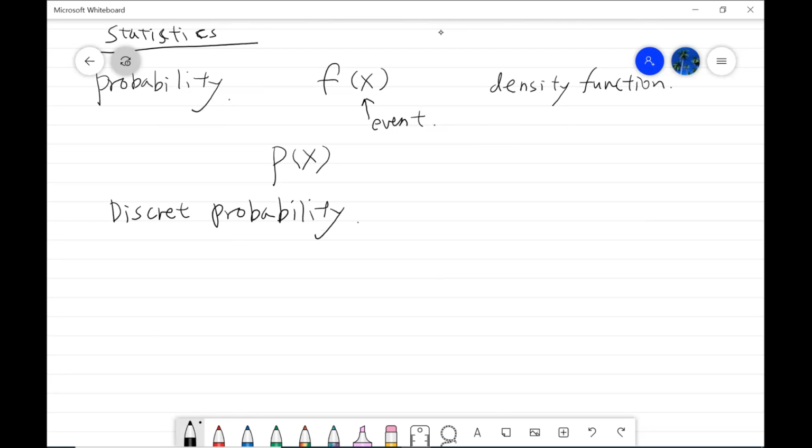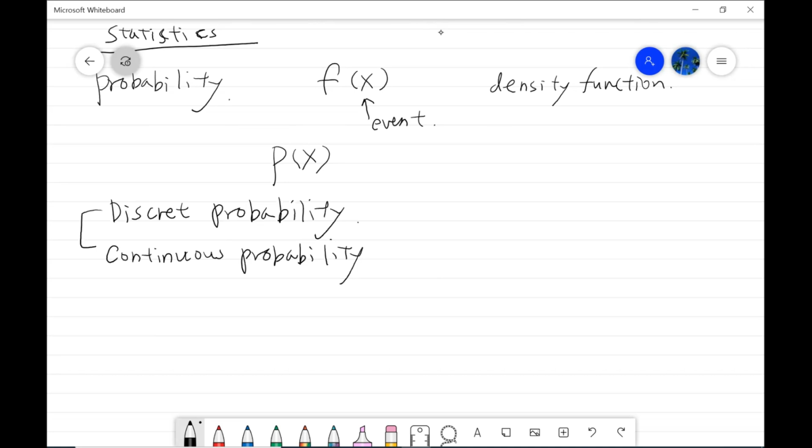The second one is the so-called continuous probability. So what's the difference between the continuous probability and the discrete probability? For discrete probability, the event itself is discrete. It can have just individual, independent, discrete events.